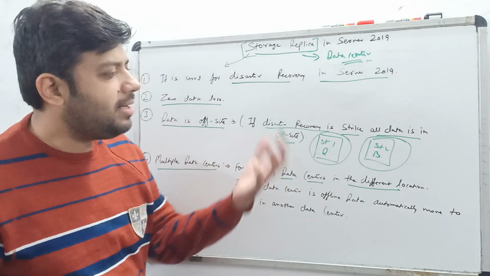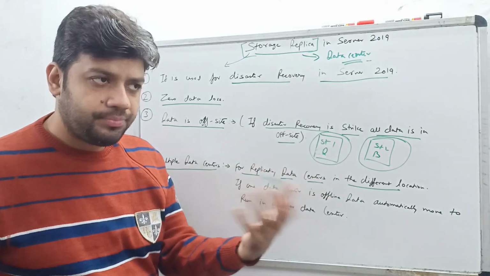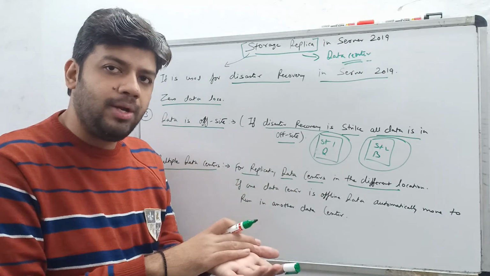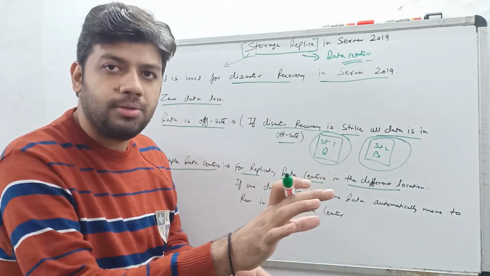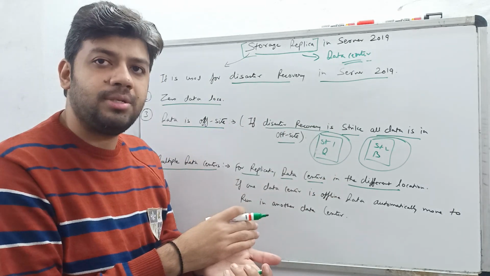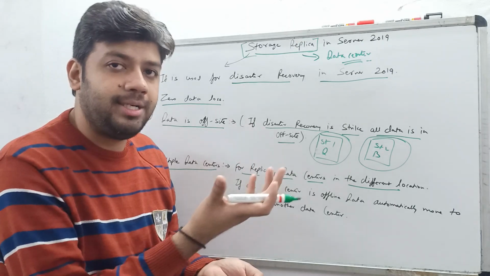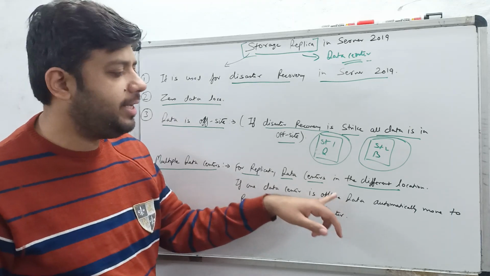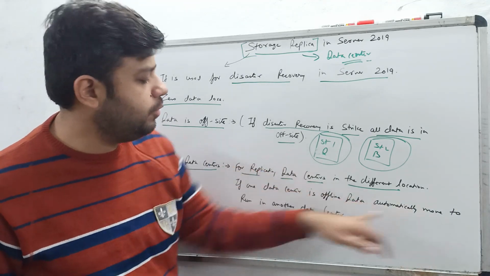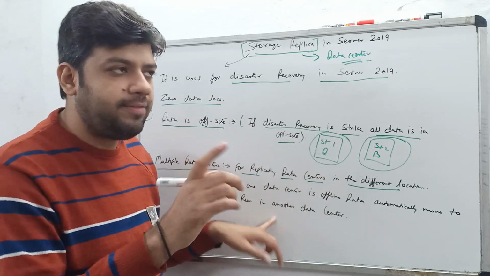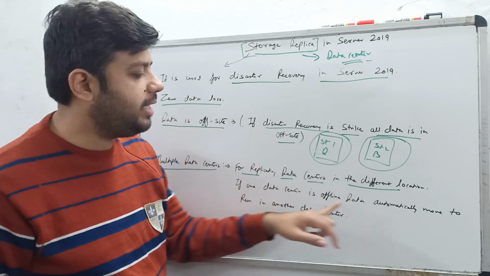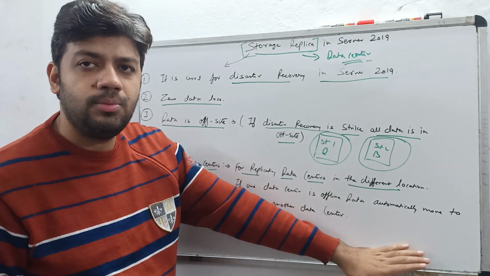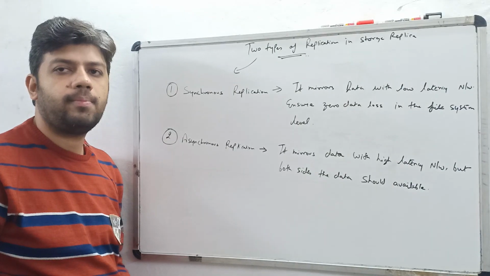We can replicate data between these two data centers. The same data is available in Delhi and also in Bangalore. If my Delhi data center is down, we have the Bangalore data center to manage things, and we can access the same data there.